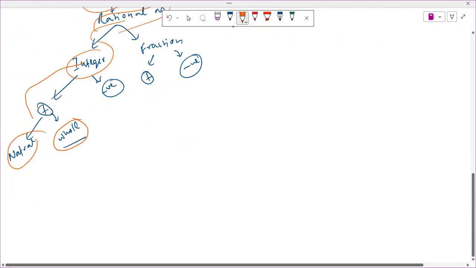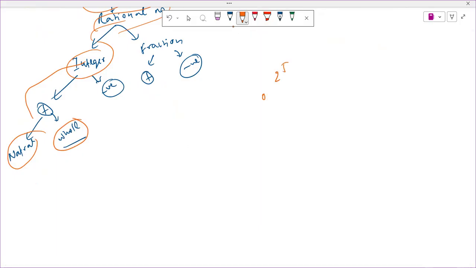Sometimes you can see something written as 2 to the power 5, something written as 0.001, and something like log 1000.